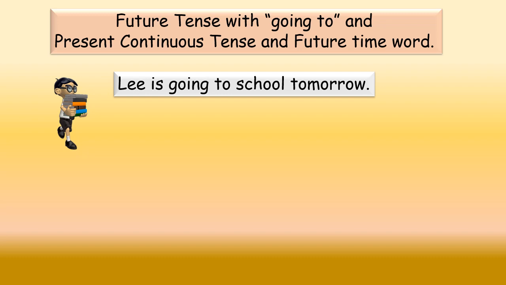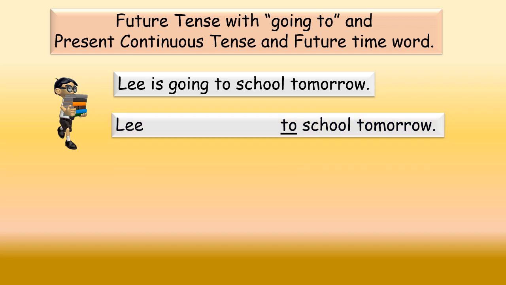Future tense with going to and present continuous tense and future time word. Lee is going to school tomorrow. That's present continuous tense and a future time word. To make future tense, we need to use a future and a verb.